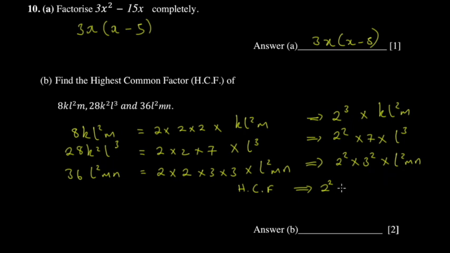L is common, and we take the lower power. When we are finding the highest common factor, we're taking the lower power, so the lower power would be 2 here. Then m is not common, and n is not common. So you actually get 4 l squared, like this.